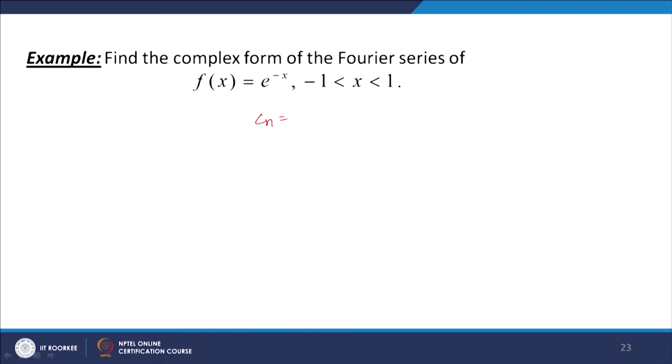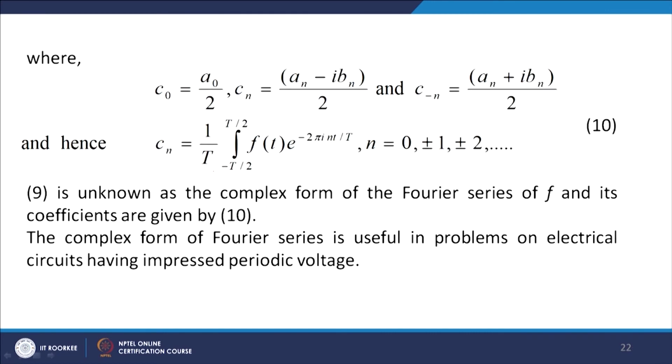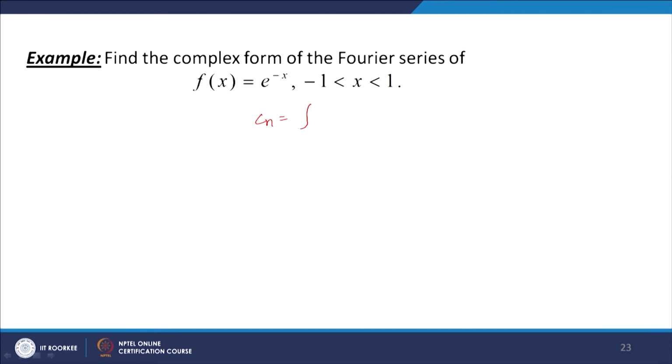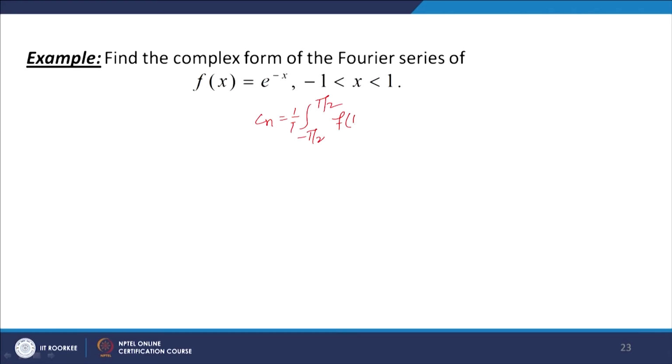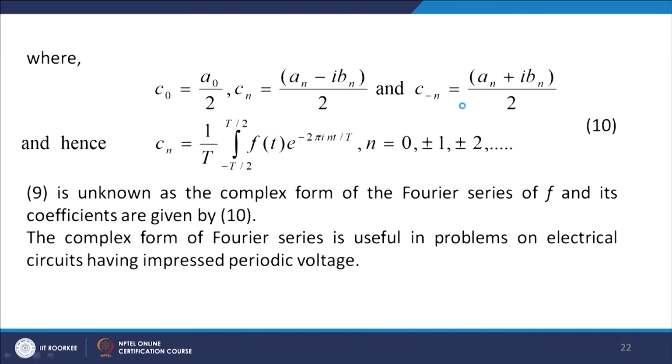Okay. C n is equal to, as we have seen earlier, 1 over T integral from minus T by 2 to T by 2 of f(t) e to the power minus 2 pi i n t by T dt.